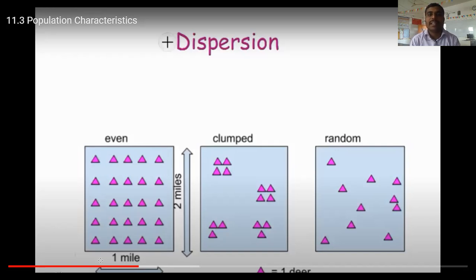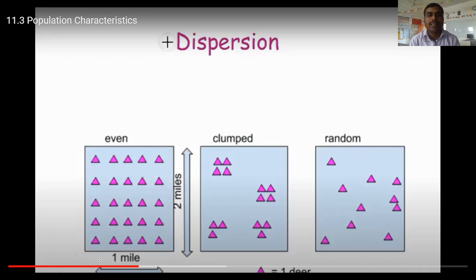This is very rare in nature, but is common in managed systems. For example, a cropland. We sow the seeds equally distributed in that cropland. Animals with territorial behavior tend toward this dispersion.